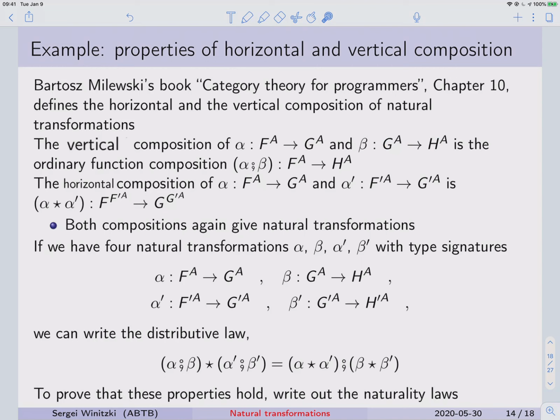And this is simply a composition of two transformations as an ordinary function composition. And the horizontal composition applies to transformations of these signatures with completely different functors, so they cannot be composed in the vertical way as ordinary functions.